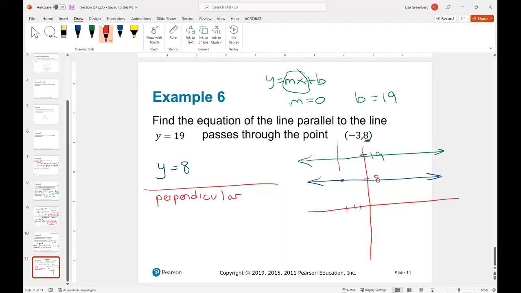So it's going to be a vertical line. And that means it's going to be x equals, and of course, it's going to be x equals -3 because it's got to pass through that point. So hopefully that kind of gives you enough information to understand parallel and perpendicular and be able to do your homework.